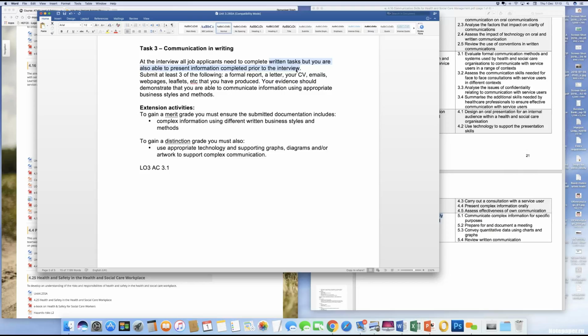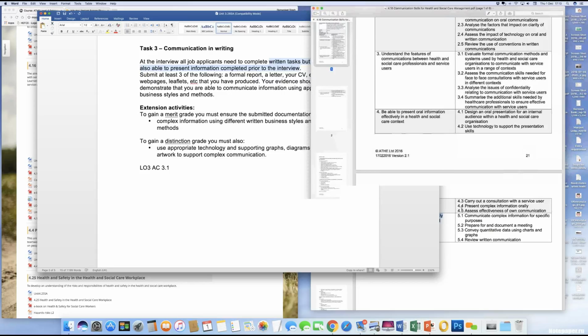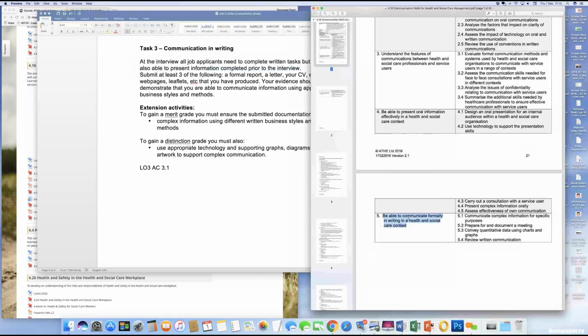This is what we need to cover in Learning Outcome 5, which talks about how you communicate formally in writing within the health and social care context.